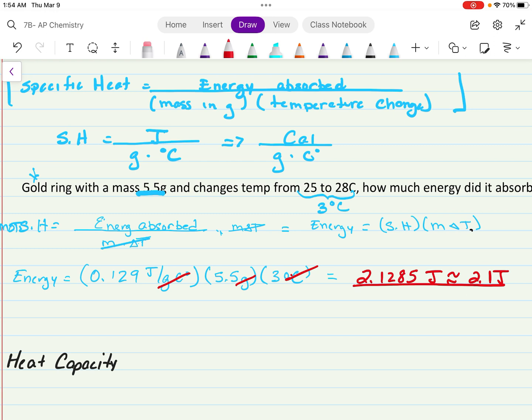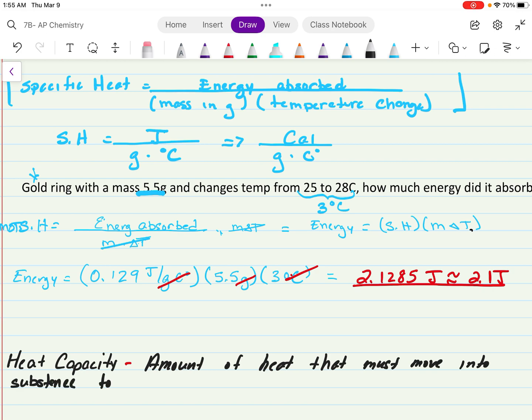So heat capacity is the amount of heat that must move into a substance to change its temperature by 1 degree.